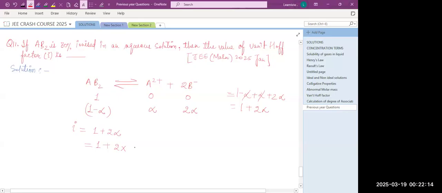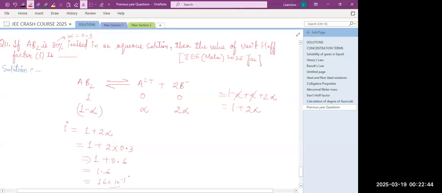It means alpha will be 30 upon 100, which gives 0.3. So you will get 1 plus 0.6, which equals 1.6. You can also write it as 16 into 10 to the power minus 1.